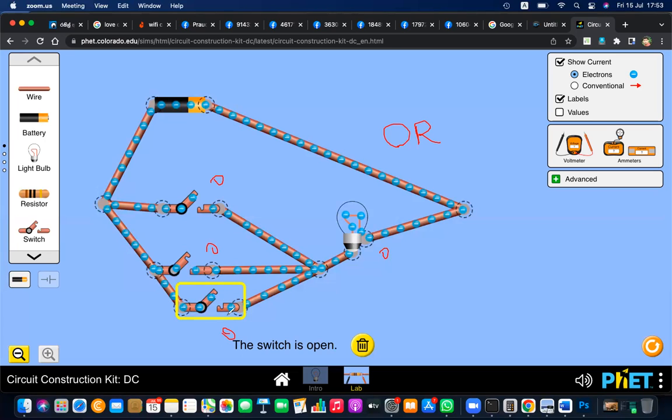If there are 3 switches, how many input combinations? 8.